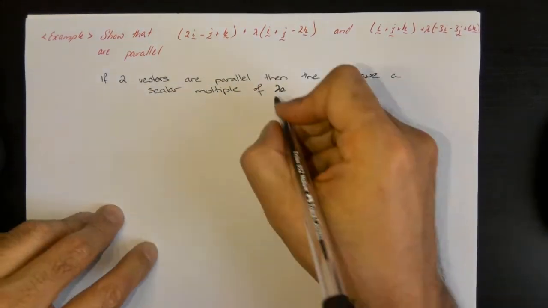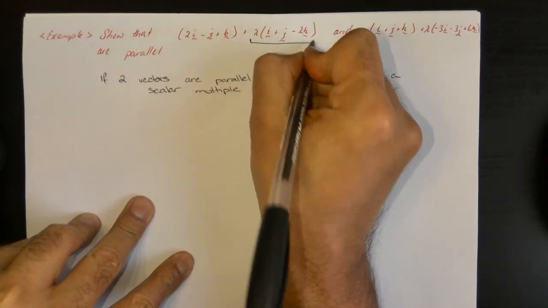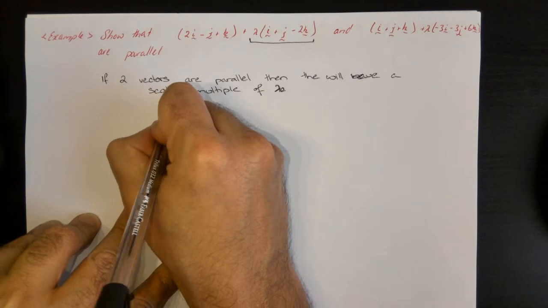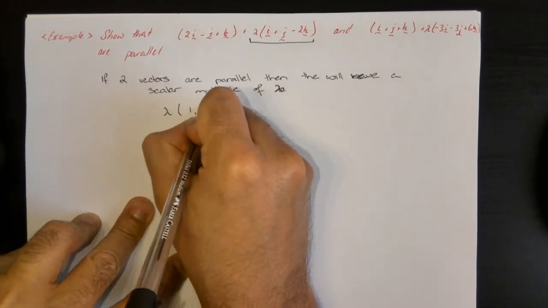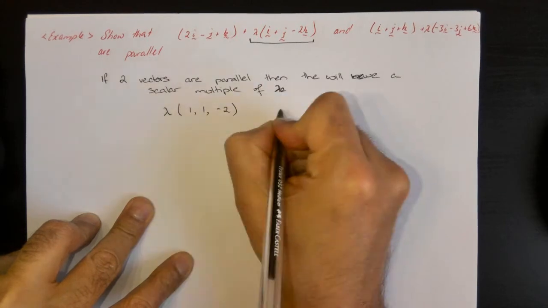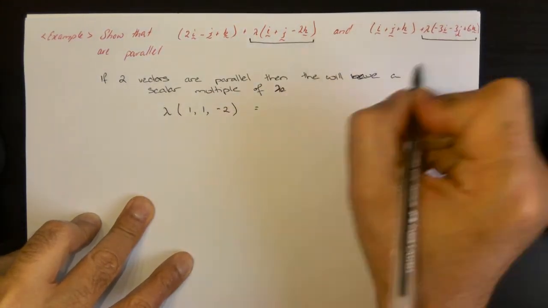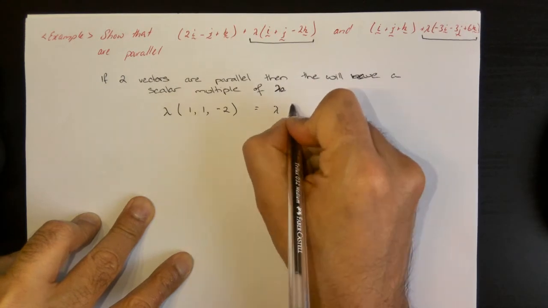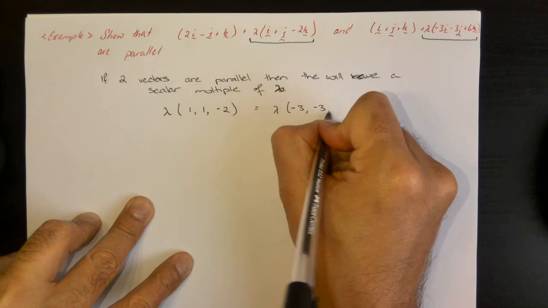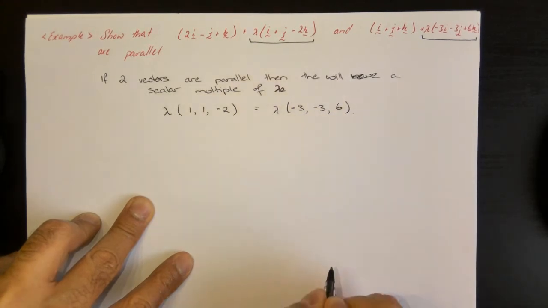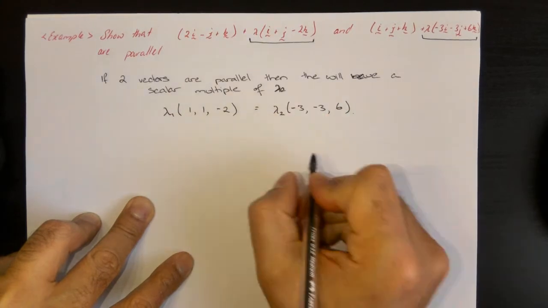Okay, so if I look at this first example, I have this as my first vector, so 1, 1, minus 2, and then I have this as my other, so minus 3, and 6. Well, that would be lambda 1, and let's say that's lambda 2.